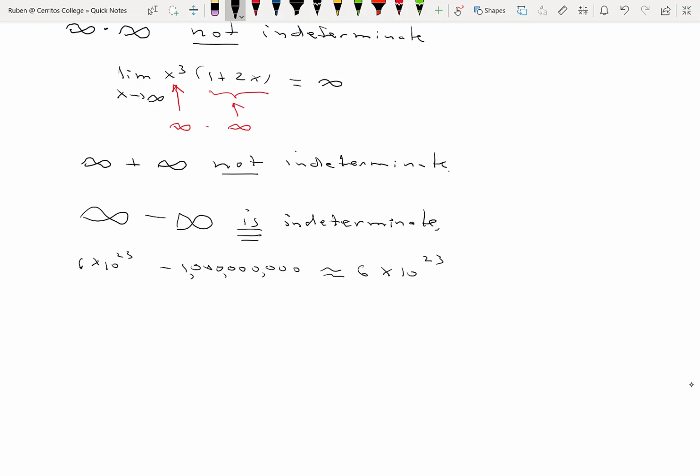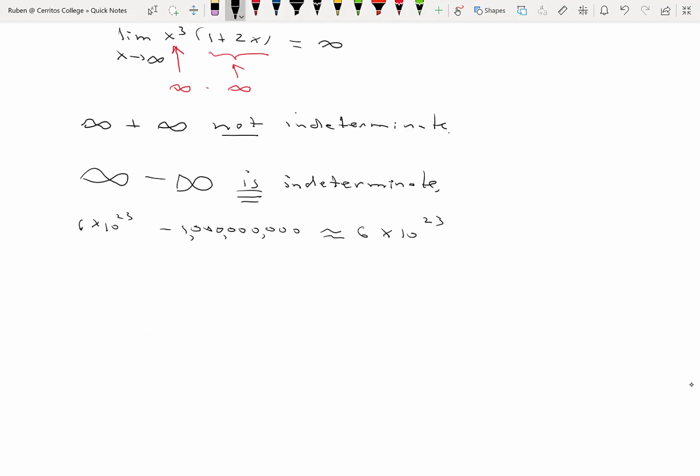Okay, so what am I talking about here specifically? Let's take a look at the limit as x approaches pi over 2 but creeps in from the left of secant x minus tangent x.